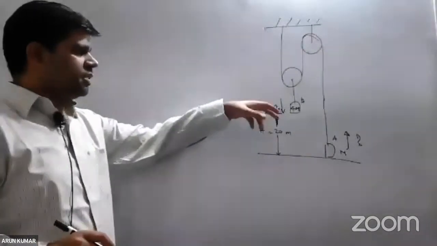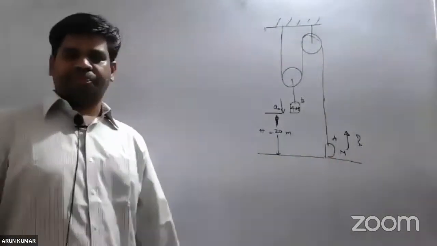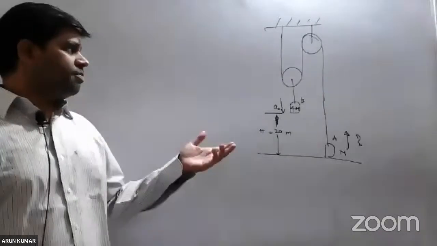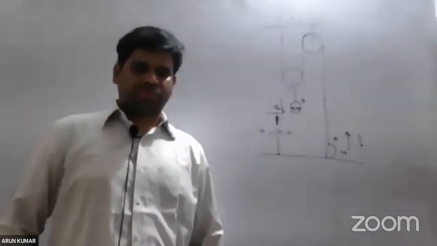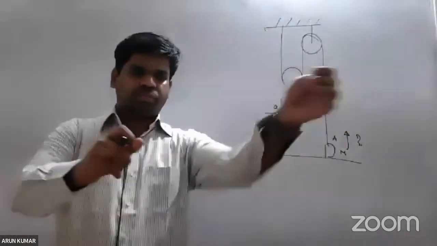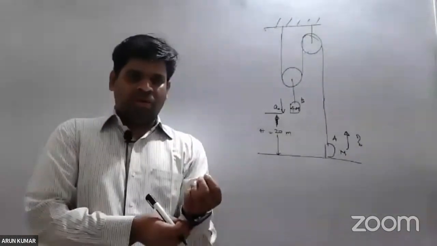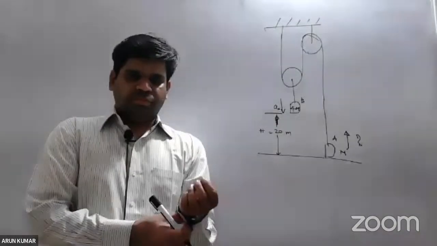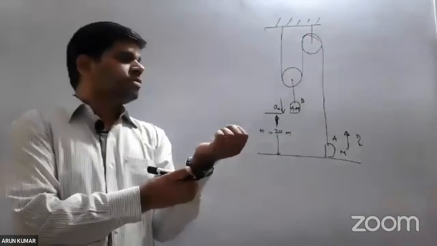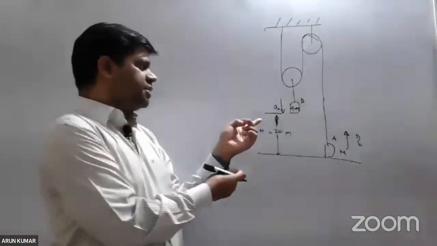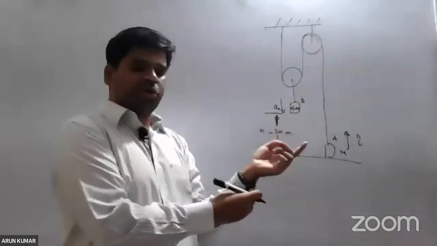Think about it. You can do the push-pull method or the pulley equation. I repeat the question. If block B comes down with an acceleration a naught, what is the acceleration of block A?